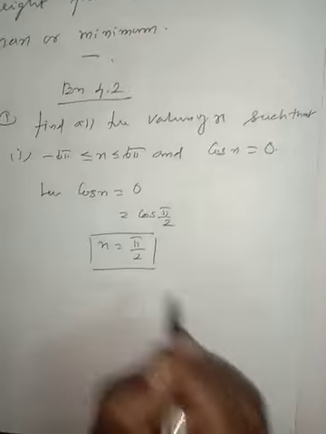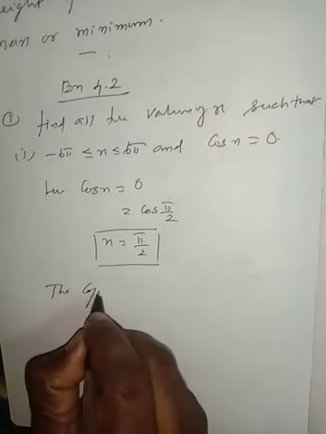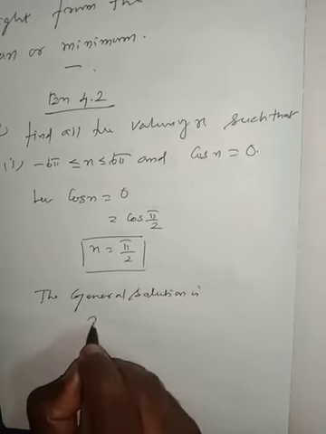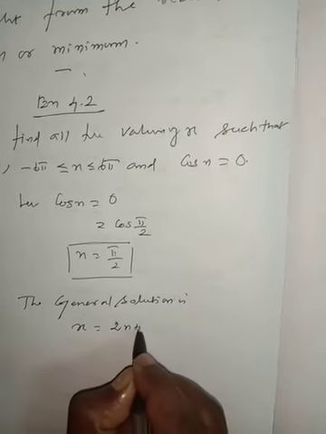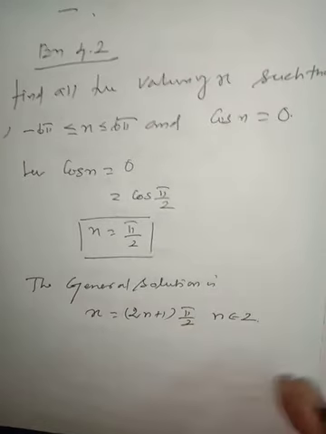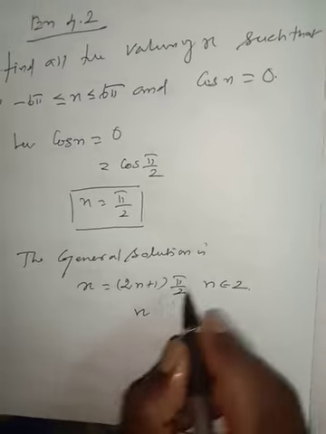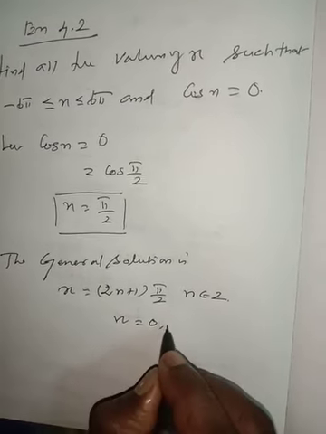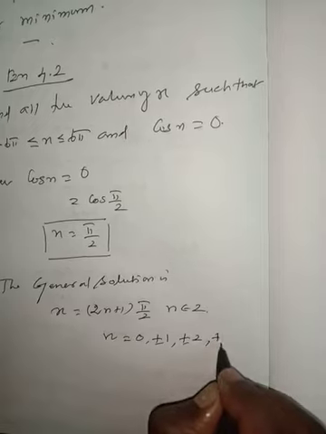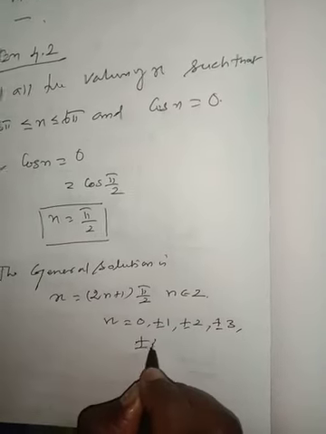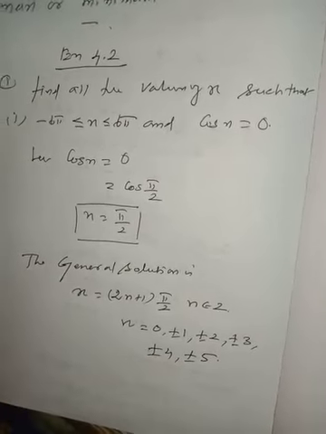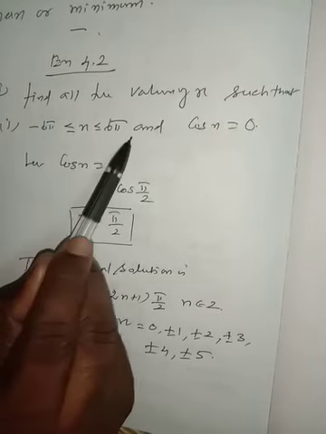The general solution is x is equal to (2n plus 1) pi by 2, where n is an element of the integers. Here n is equal to 0, plus or minus 1, plus or minus 2, plus or minus 3, plus or minus 4 and plus or minus 5, for the range between minus 6 pi and plus 6 pi.